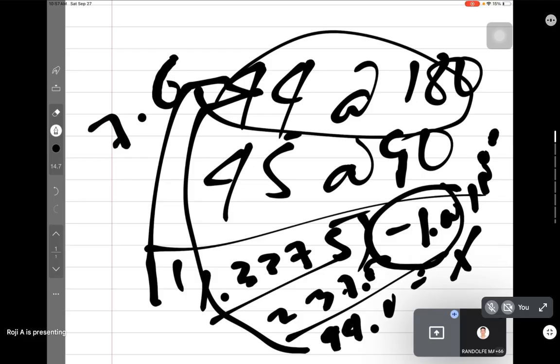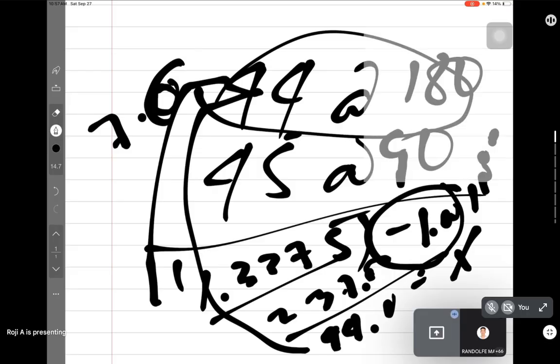Compute, guys. 337.5 divided by 44 gives 7 point... Am I still heard? Randolph?